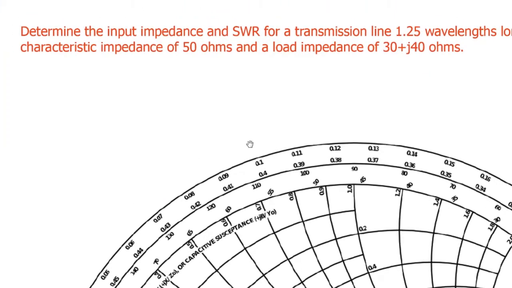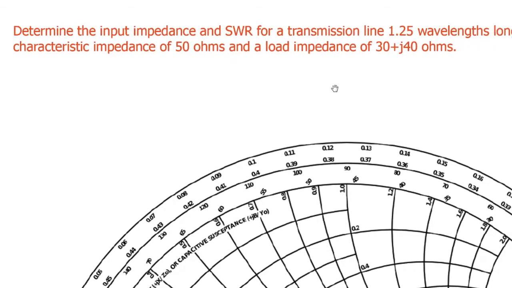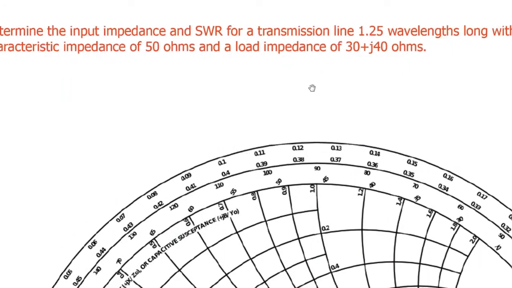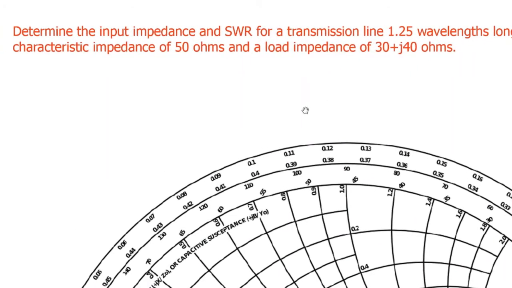Determine the input impedance and standing wave ratio for a transmission line 1.25 wavelengths long with a characteristic impedance of 50 ohms and a load impedance of 30 plus j40 ohms.